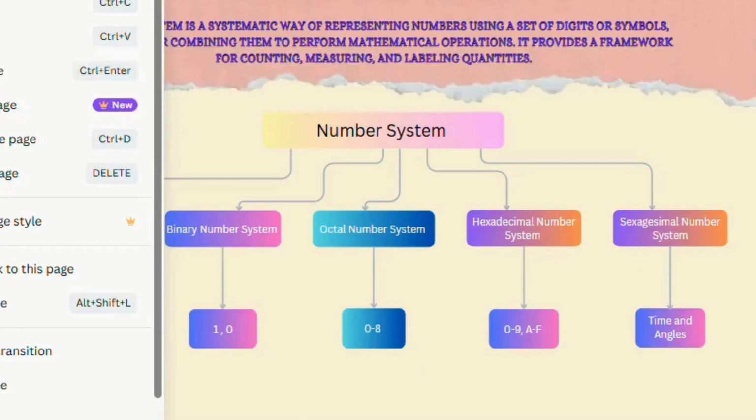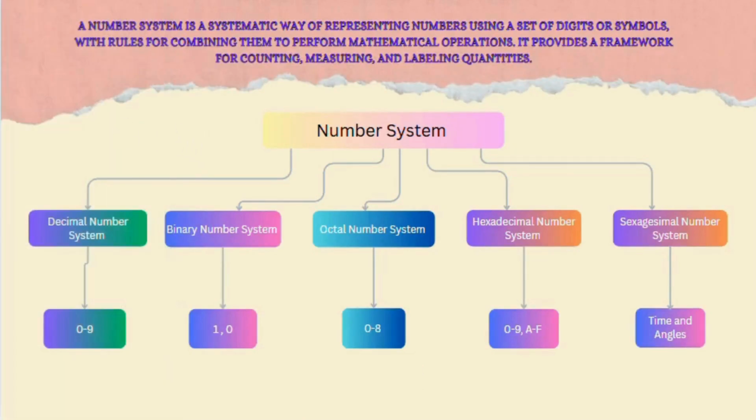So, what is a number system? A number system is a way of representing numbers using a set of rules and symbols. It's like a language that helps us communicate and work with numbers. Think of it like this. Just like we use letters to form words, number systems use digits like 0 to 9 to represent numbers.